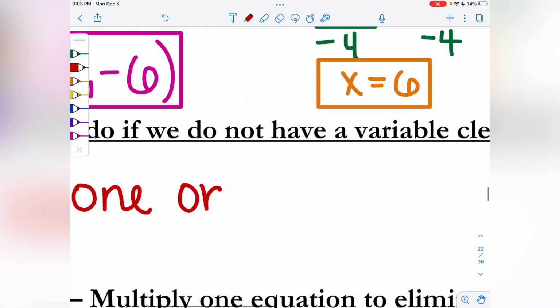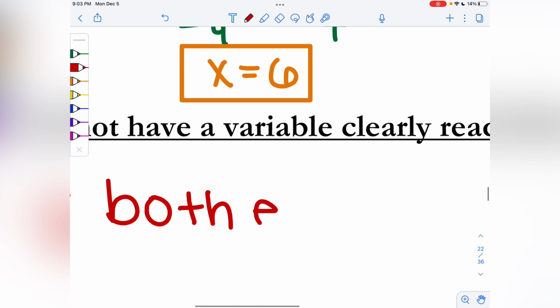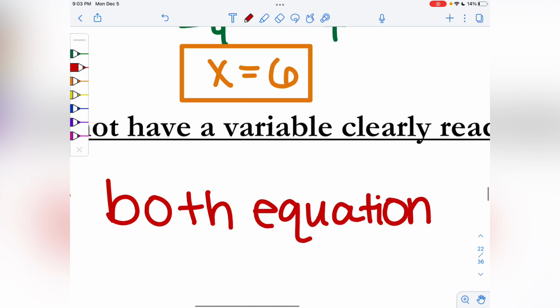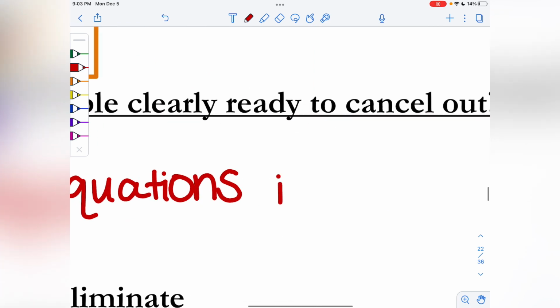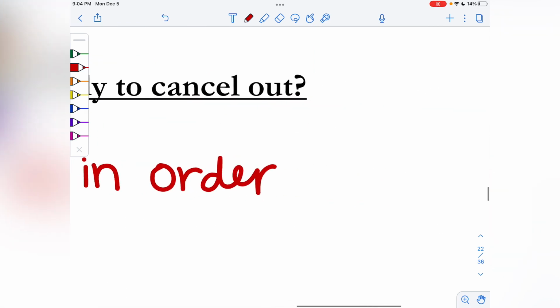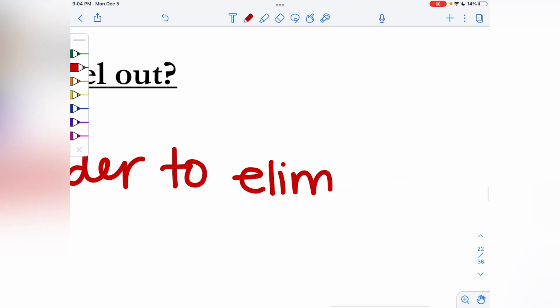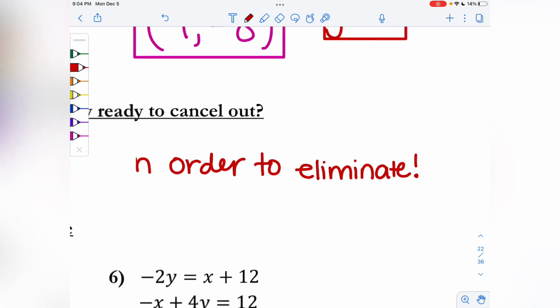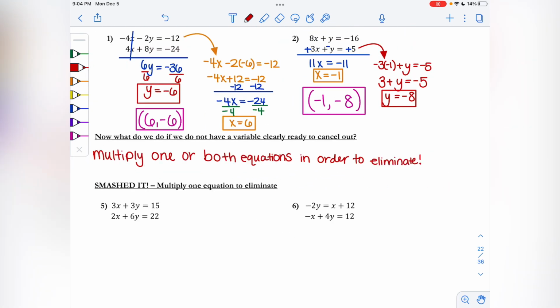So I'm going to say one or both equations in order to eliminate. Multiply one or both equations in order to eliminate.